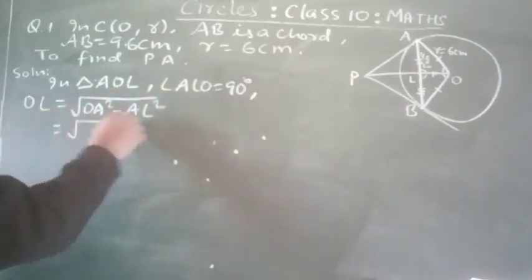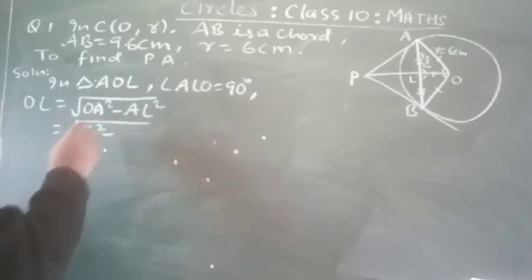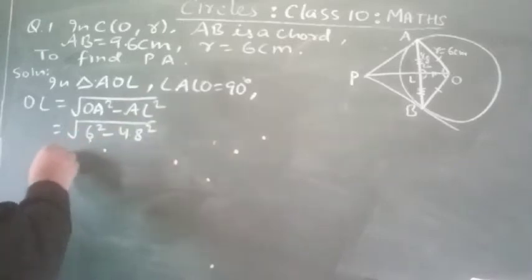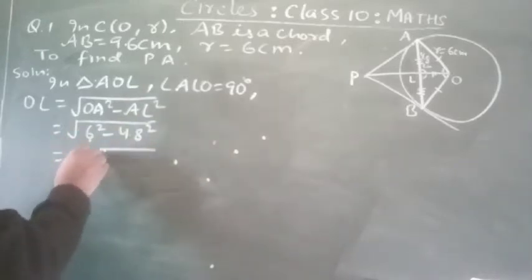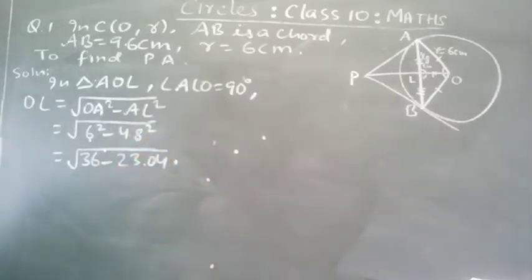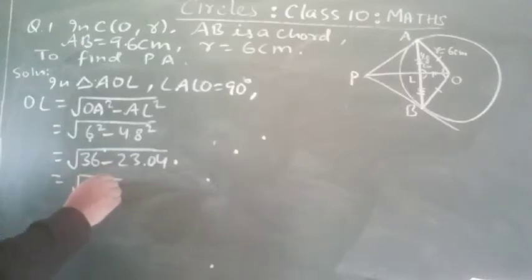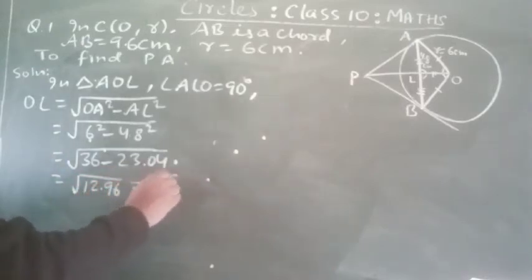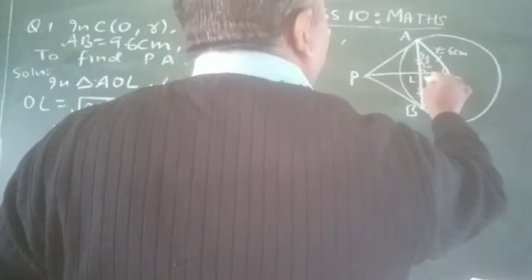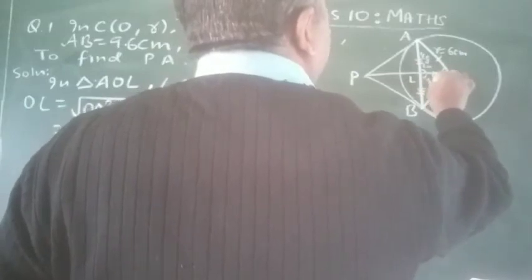OA is given radius 6 centimeter and AL is half of the chord, 4.8 centimeter. So it will be 36 minus 23.04. Take the difference, it will be 12.96 and the square root is 3.6. That means OL is 3.6 cm.